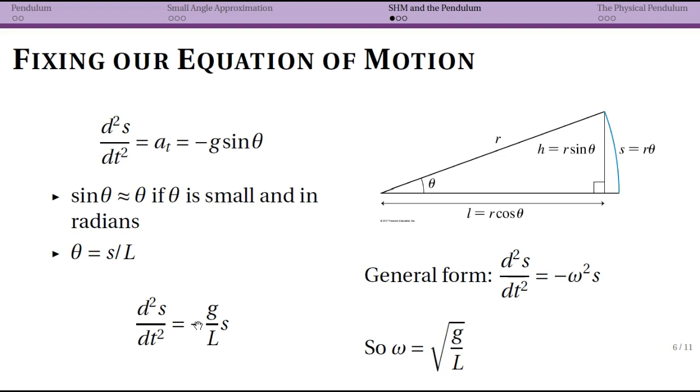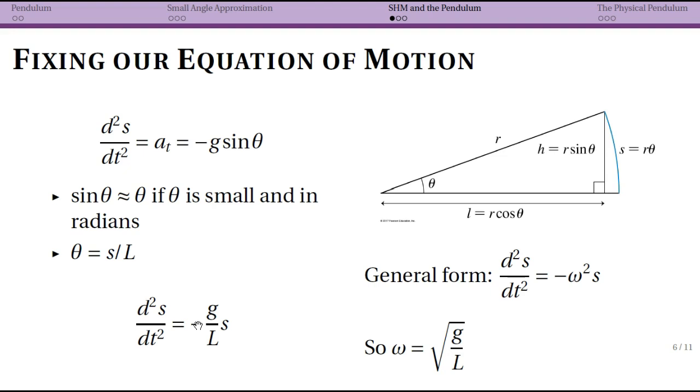So this is pretty important, and one of these cases where modeling is incredibly important. The only reason we're allowed to model the motion of a pendulum as simple harmonic motion is because we've used the small angle approximation. So actually, if you want to talk about the motion of a pendulum for any angle, you don't know how to do that.